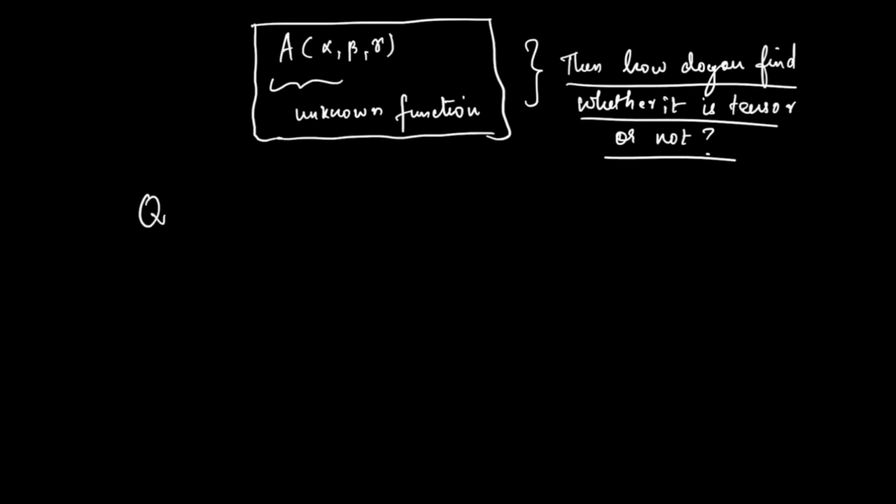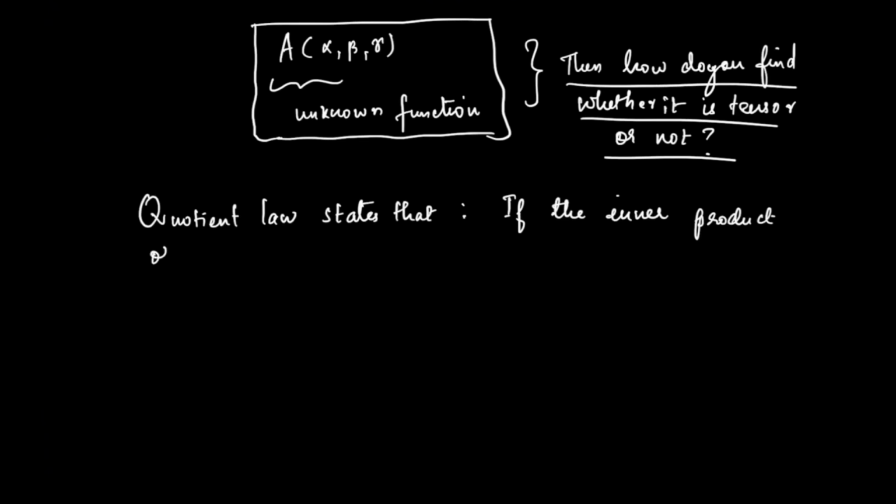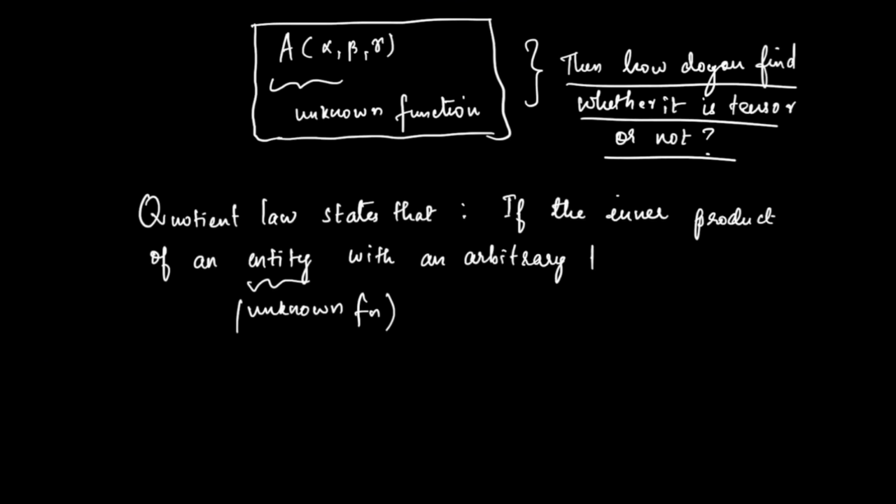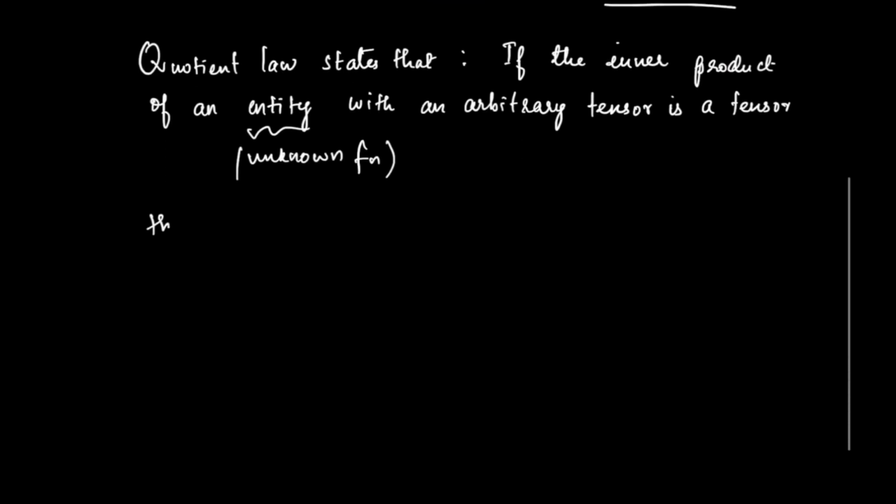So the quotient law states that if the inner product of an entity, here this entity is the unknown function, with an arbitrary tensor is a tensor, then the entity is a tensor.